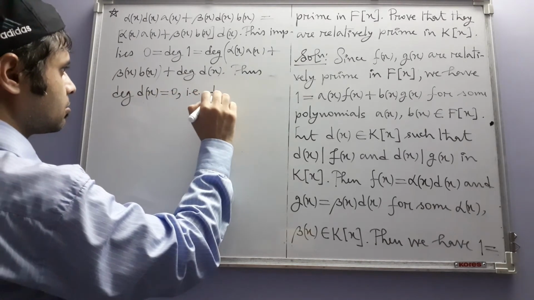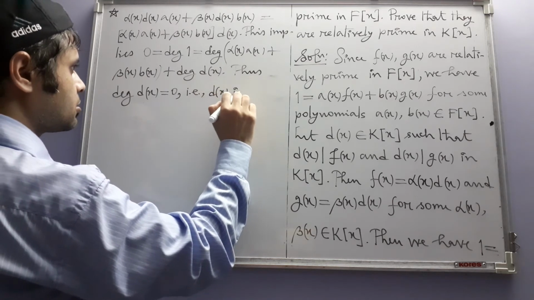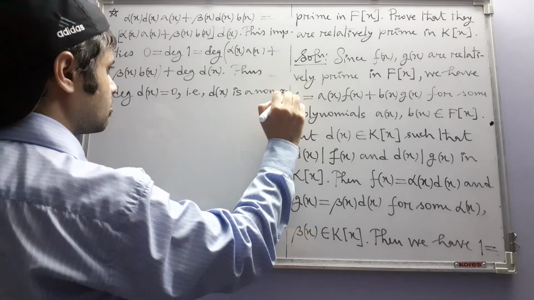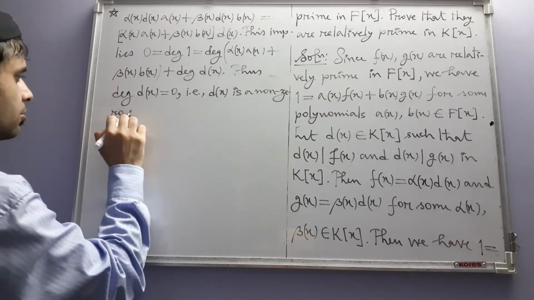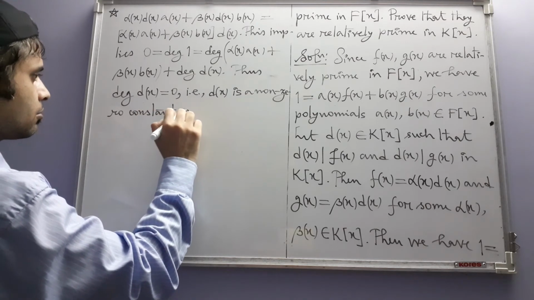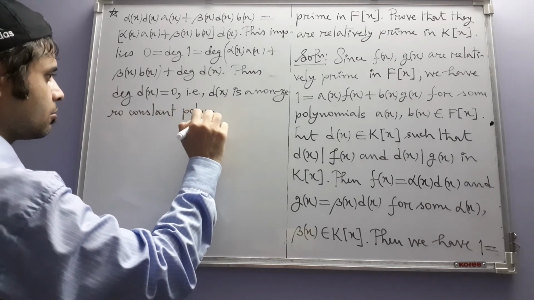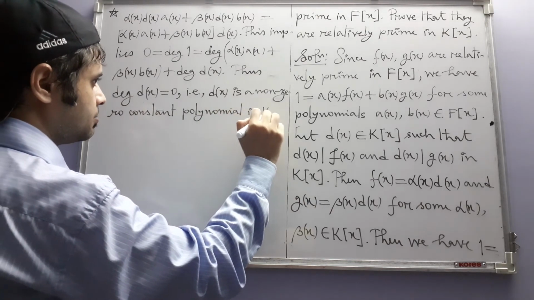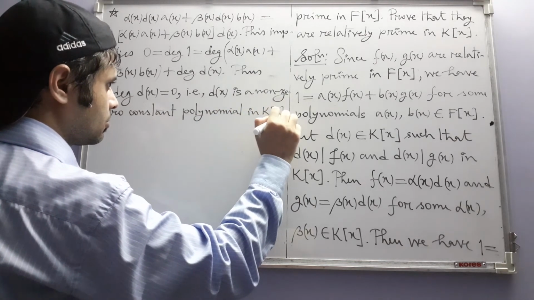That is, d(x) is a non-zero constant polynomial in K[x].